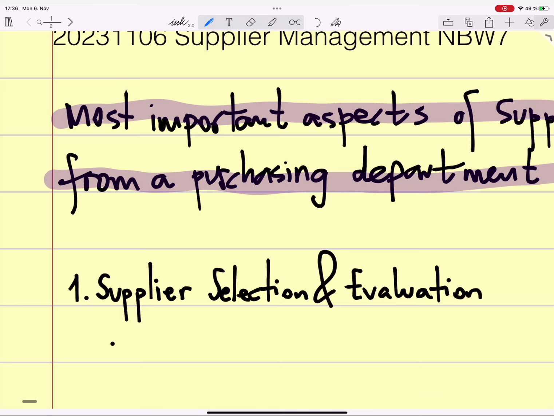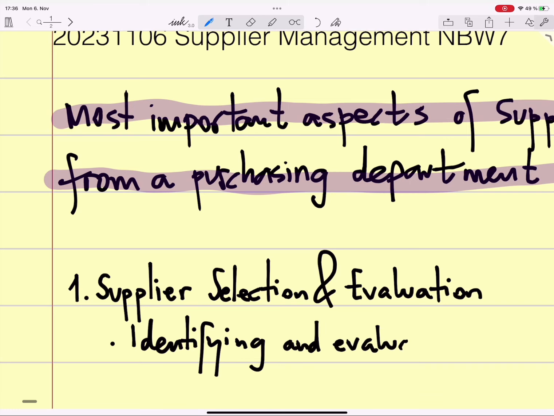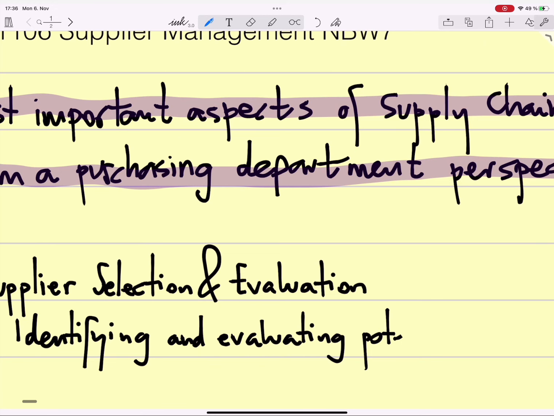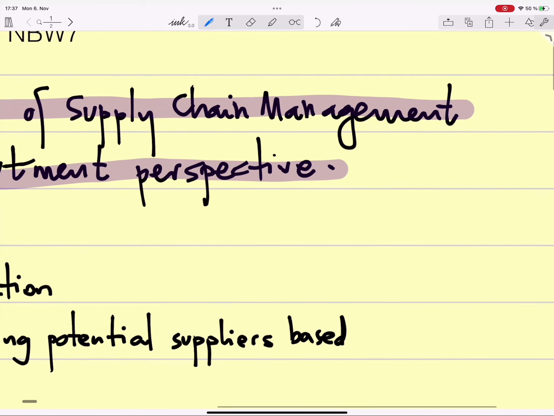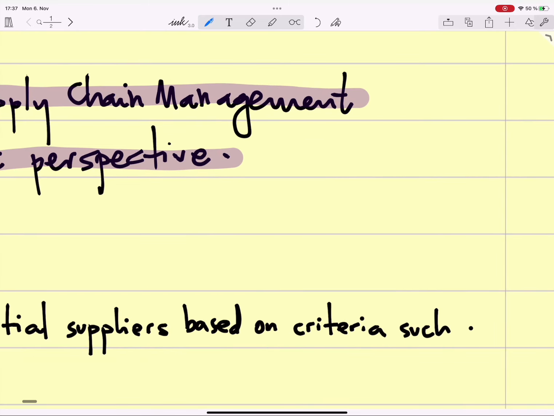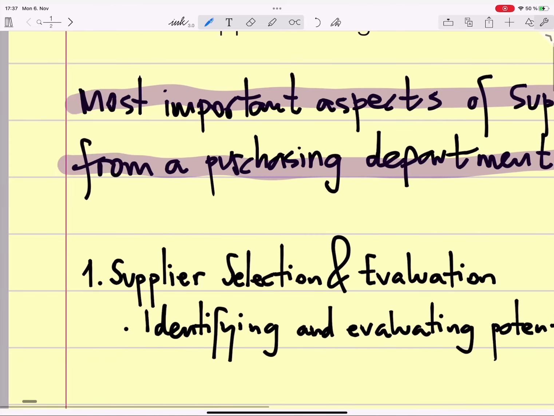Okay, here we look at identifying and evaluating potential suppliers based on criteria such as quality.